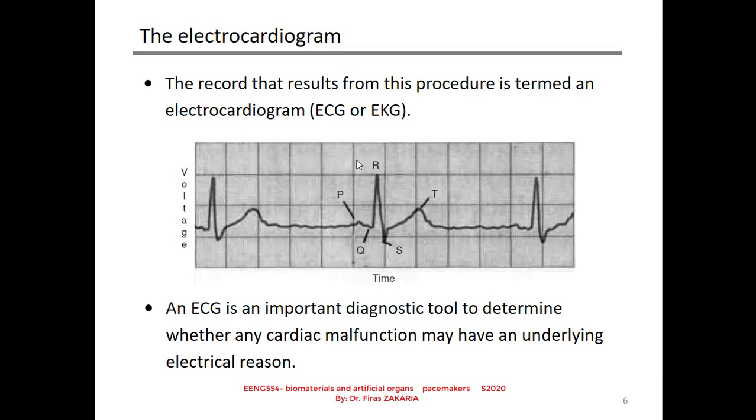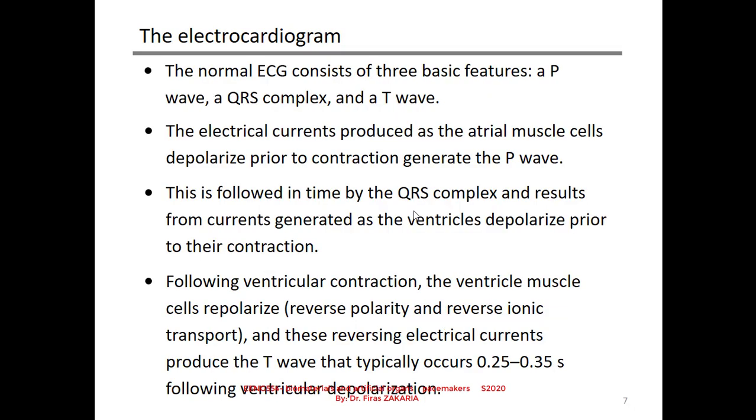So this is the ECG. The ECG consists of P, QRS and T waves.